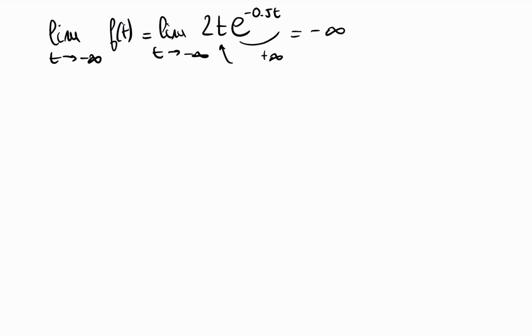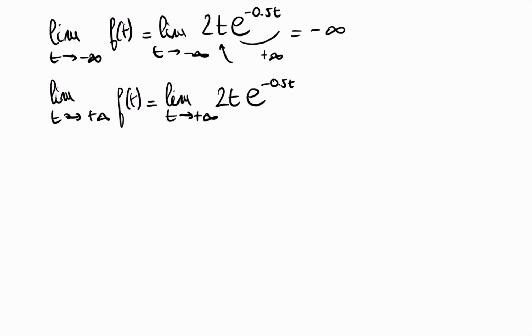And for the limit when t tends towards plus infinity of 2t e to the minus 0.5t, the minus 0.5t is going to tend towards minus infinity, which means the exponential tends towards 0. And then there is t tending towards plus infinity, but the exponential grows much faster than t, so therefore it's going to be 0.